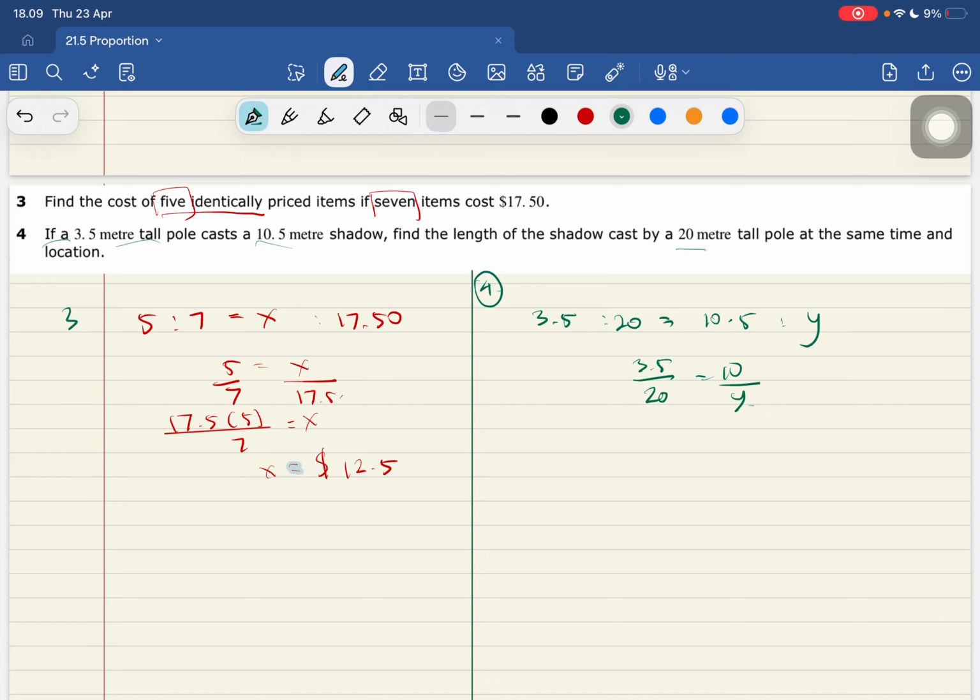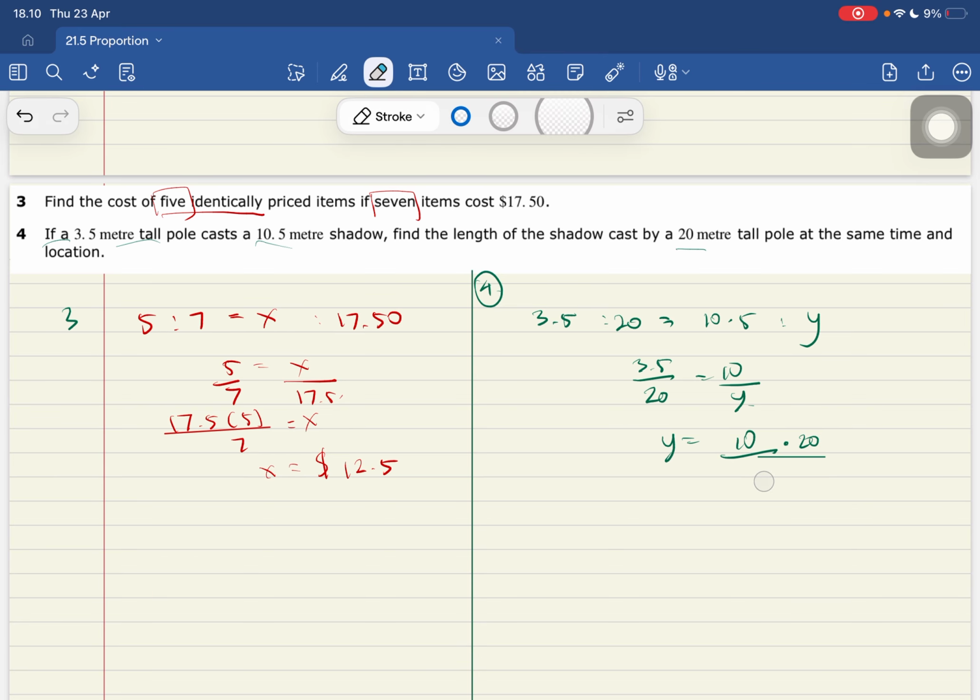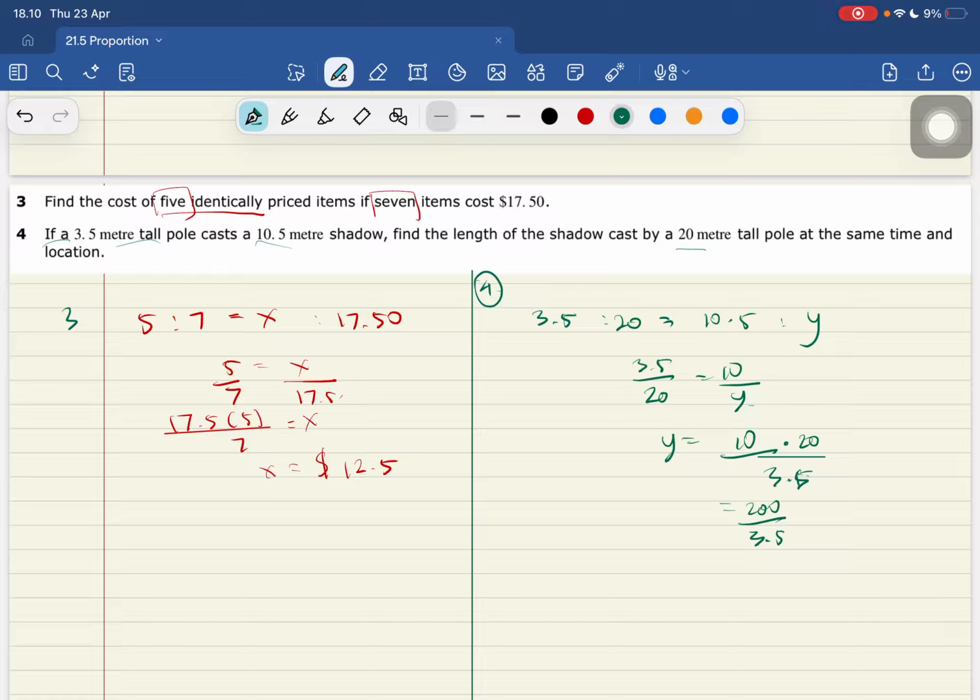So we can rearrange it. So y equals 10 multiplied by 20, then divided by 3.5. That's 200 divided by 3.5.